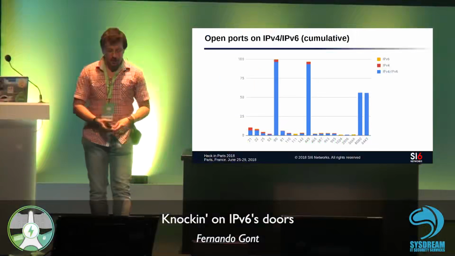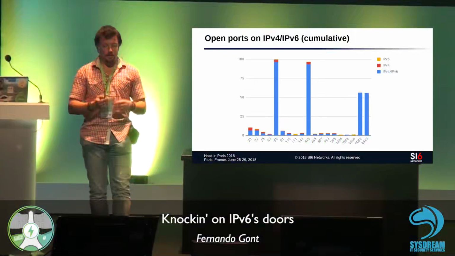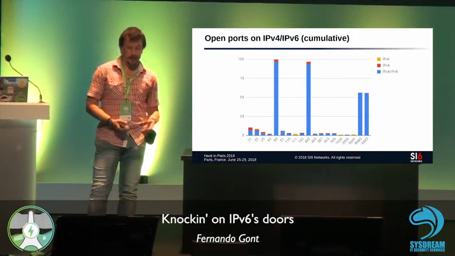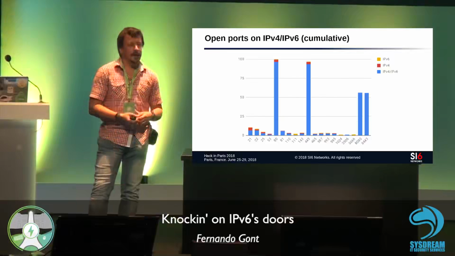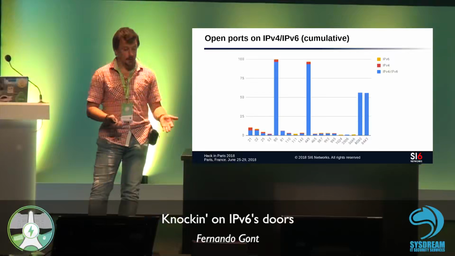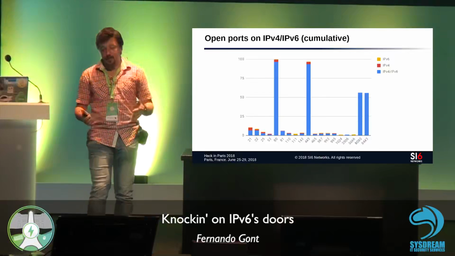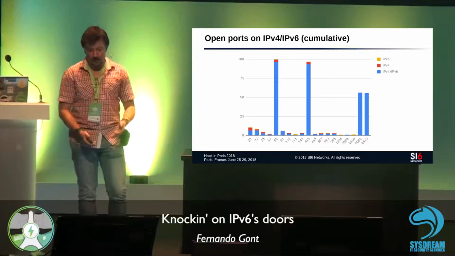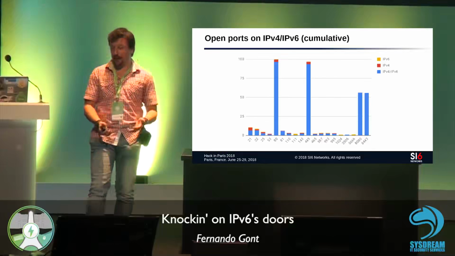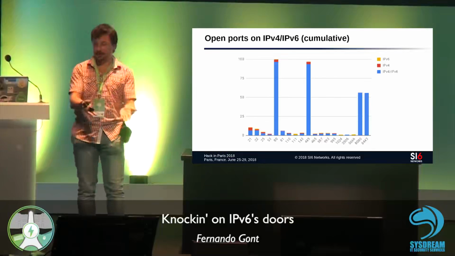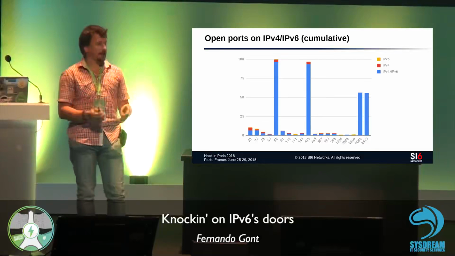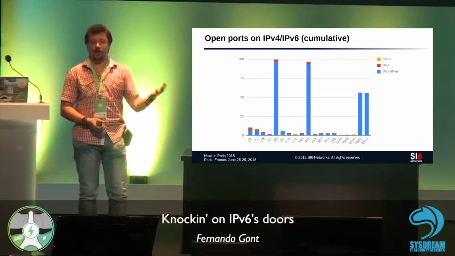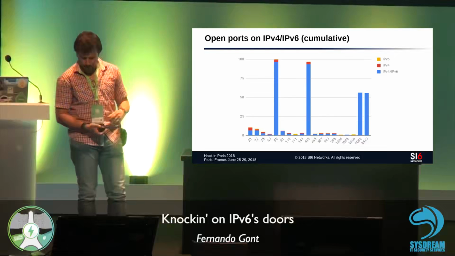What you see in blue is the percentage of port numbers that are available on both protocols. Obviously, at least for ports 80, 443, and 43, which is the whole point of these servers, they are for the most part available on both IPv4 and IPv6.